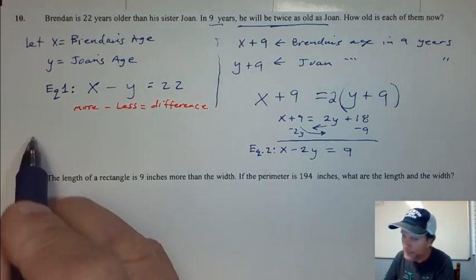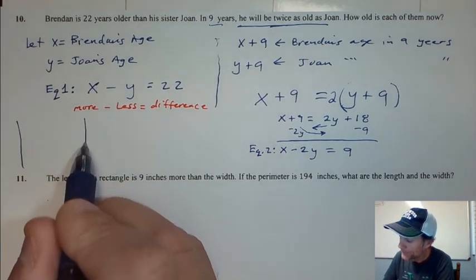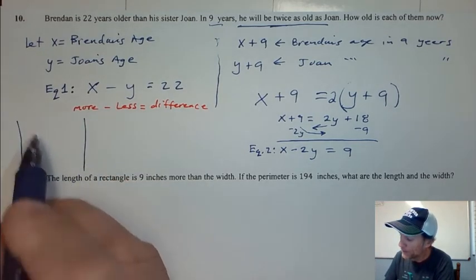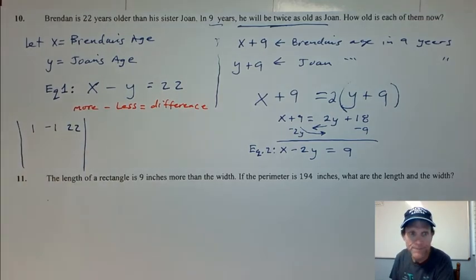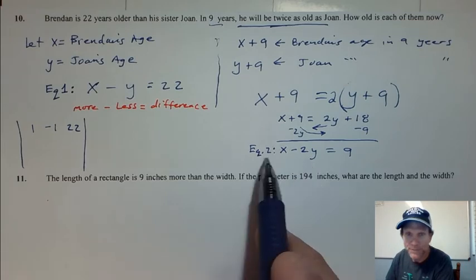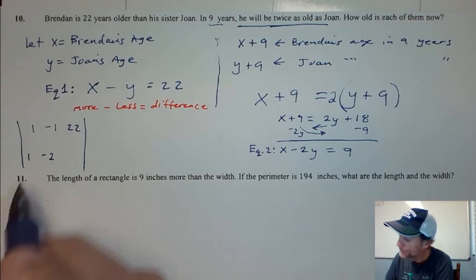So it looks like I have a little space here to write the matrix. From equation 1, I have 1, -1, 22. From equation 2, I have 1, -2, and 9.